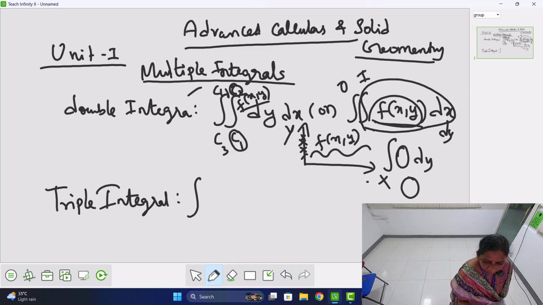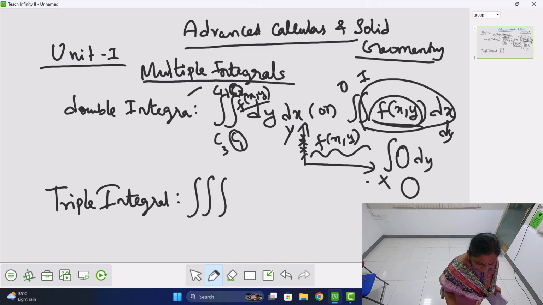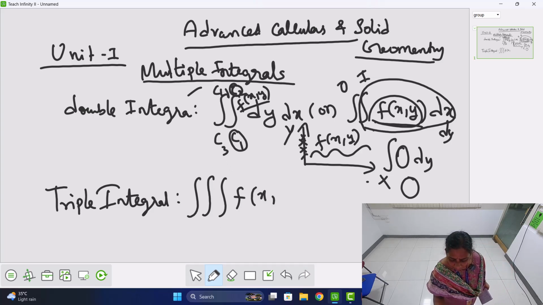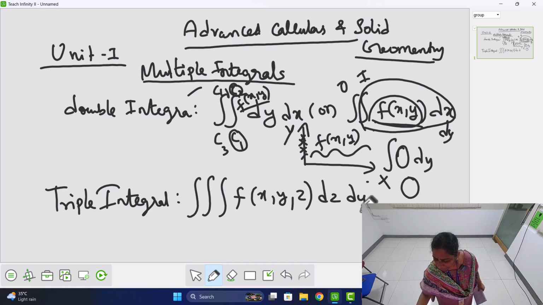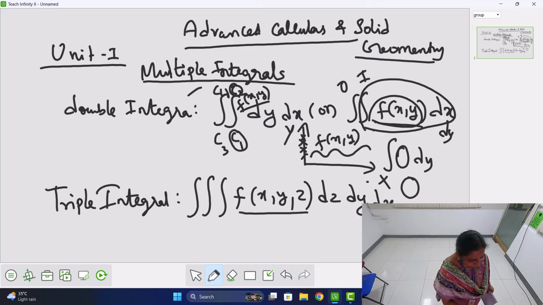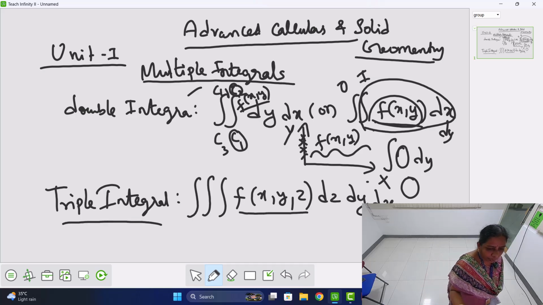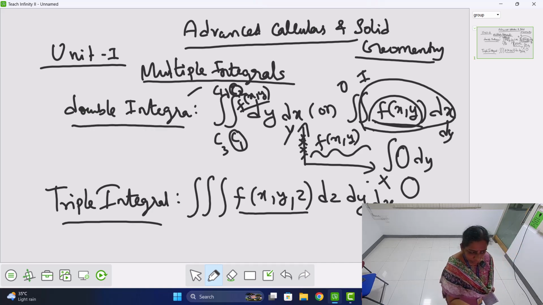What is the formula for the triple integral? Triple integration of the function of x comma y comma z, dz dy dx. When to use this triple integral? As I told you, we use the double integral whenever your function depends upon two variables, like a circle equation.